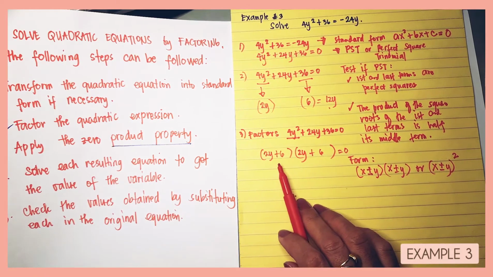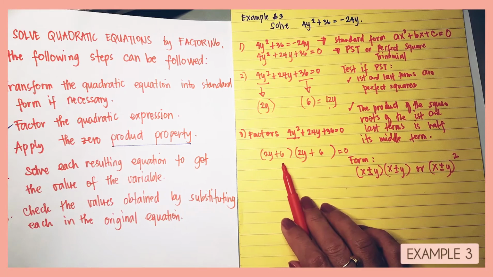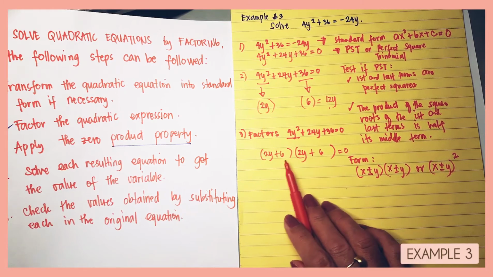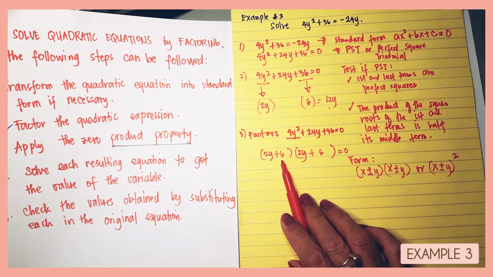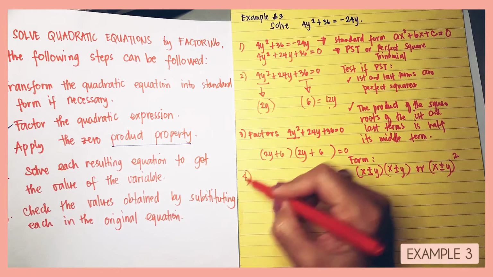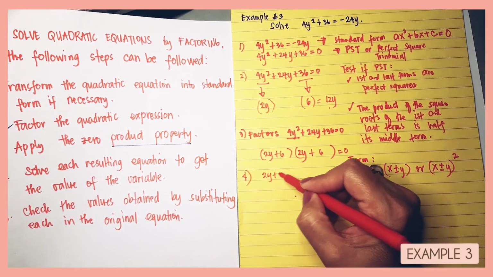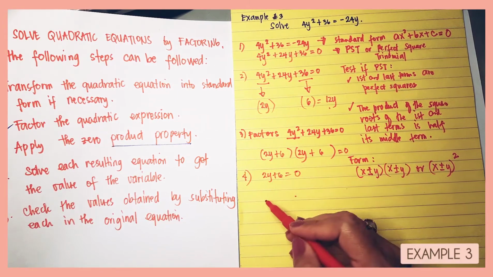Now, as you can see, the two factors are the same. So you may take one to solve and equate to get the value of y. So step number 4, you have 2y plus 6 equals 0.